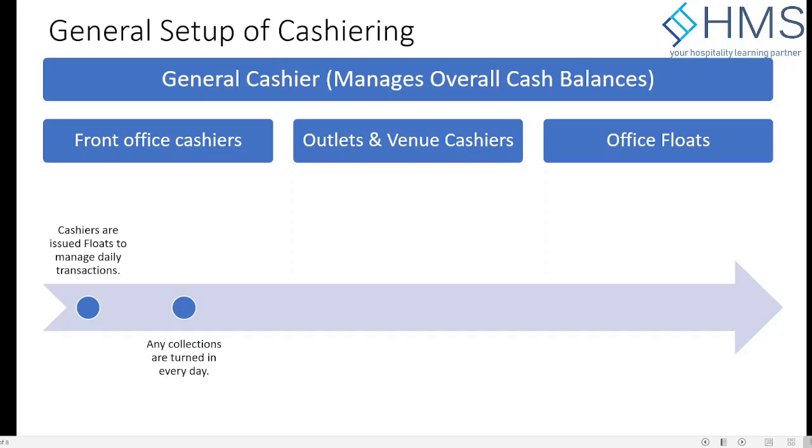Any collection which is done at the front office or the outlet has to be turned in on a daily basis. Whether it's a Sunday or a Saturday, there is usually a process of envelopes, right? Either paper envelopes or cloth envelopes, where the cashiers deposit back to the general cashier whatever extra amount they collect above their float.